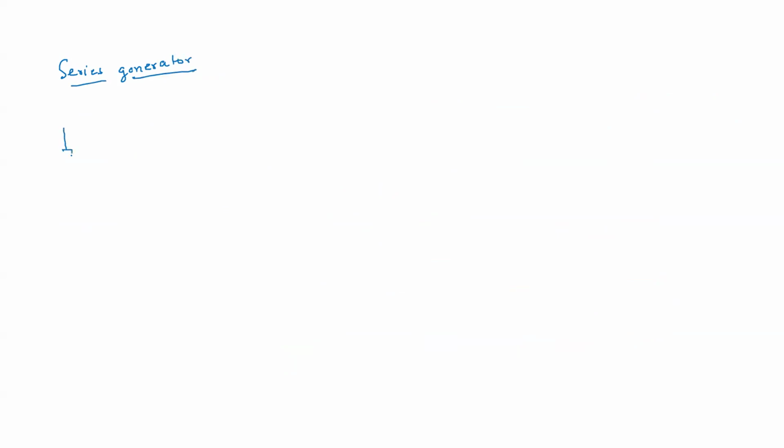So here we have EG. Here we have RA, and then we have a field winding. Let us suppose this is R series. And then we have a load connected.